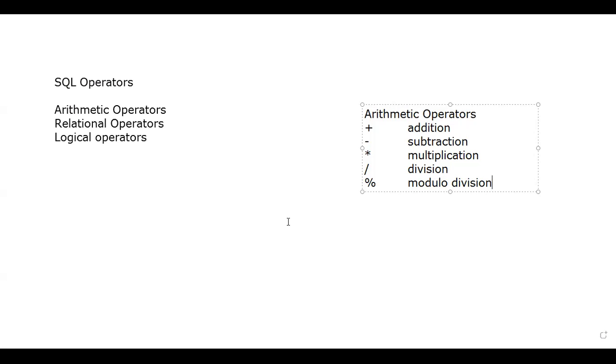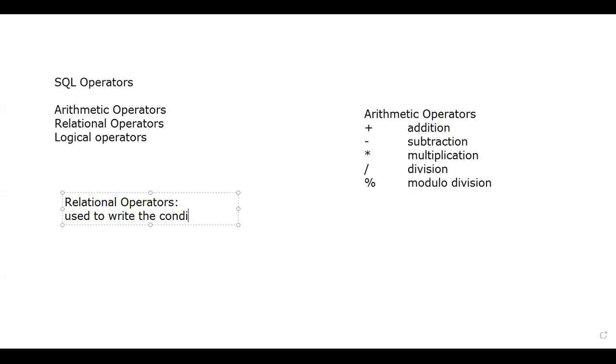Okay, and we have relational operators, which are used for representing a condition. We use them to write a condition, and the result is true or false. Based on that, it is going to fetch the data.